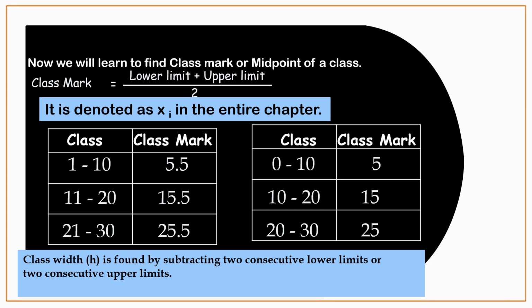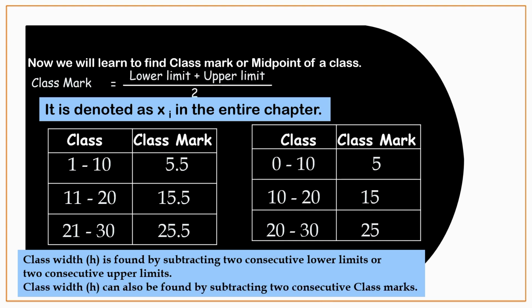We have to subtract either consecutive class interval lower limits or consecutive class interval upper limits. Like if we take a look, 10 minus 0 or 20 minus 10, in both ways you will get the same answer. In the discontinuous one also, like 11 minus 1, that is 10, even 20 minus 10, that is also 10. So that is the class width.